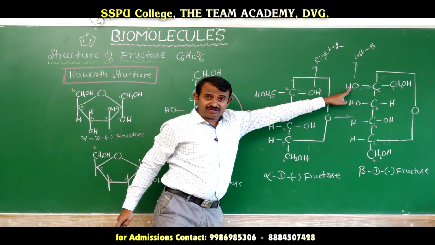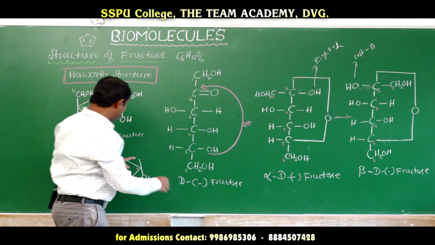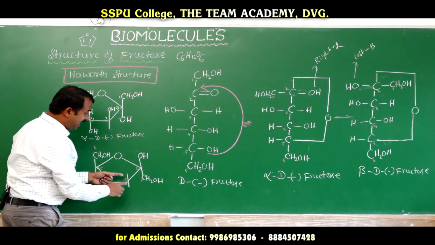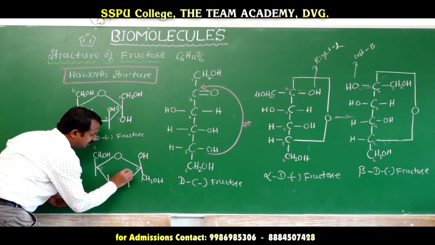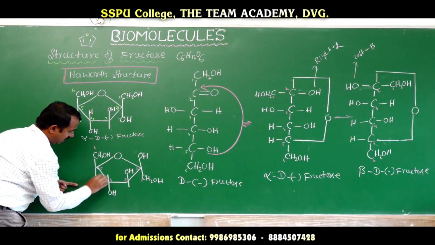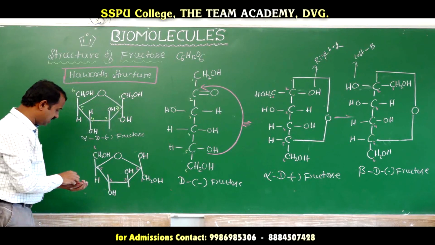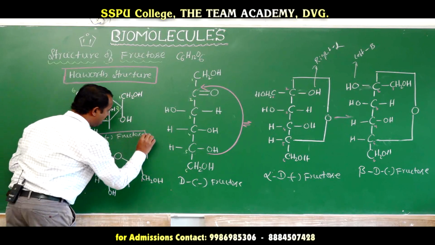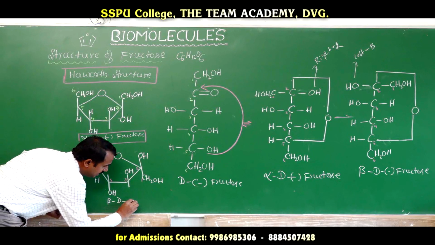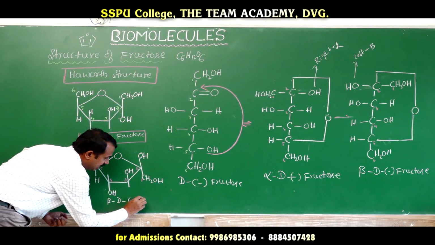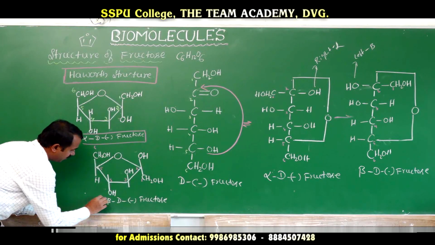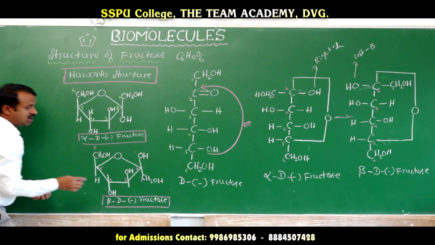Beta fructose hydroxy group is on which side? Left side. Left side means it will go above, OH. Next here also the second one is on the left side, OH. Next here OH. Here H. This is the simple structure. This is the name here. This is alpha fructose. Next one, this is beta D-fructose. Our structure of fructose, this one is alpha and beta.